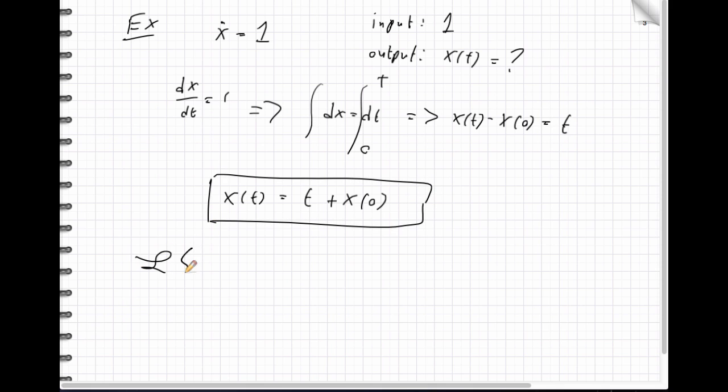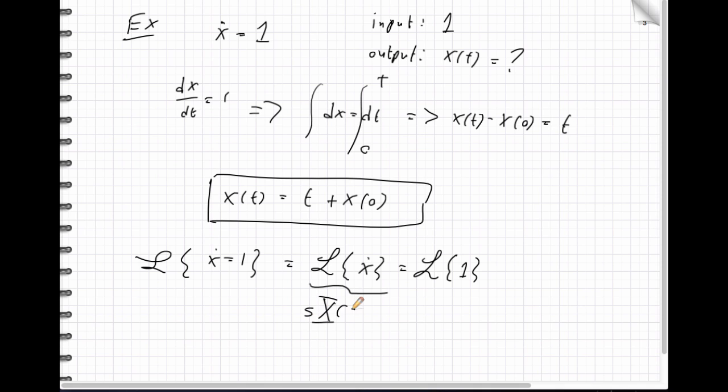All right. So if I take the Laplace transform of x dot equals 1, well, that's equal to the Laplace transform of x dot, which is equal to the Laplace transform of 1. Well, what is the Laplace transform of x dot? It is s times X of s.